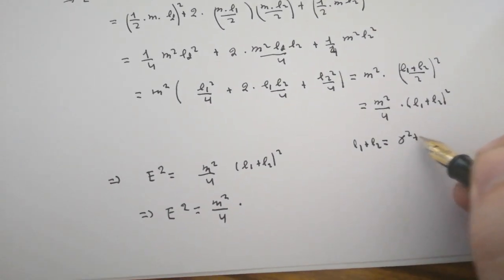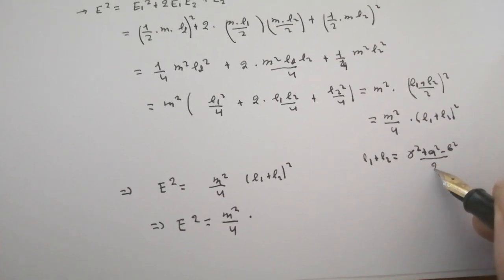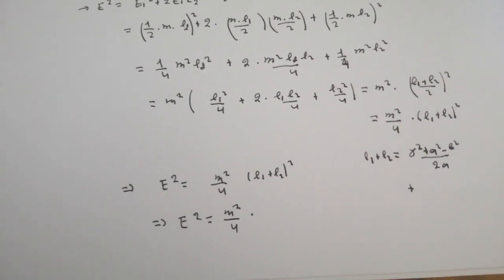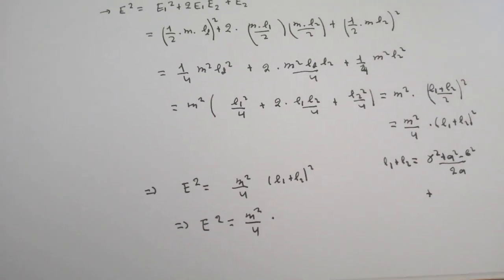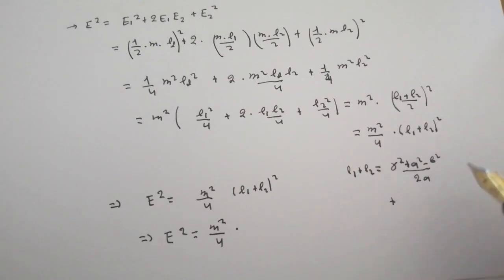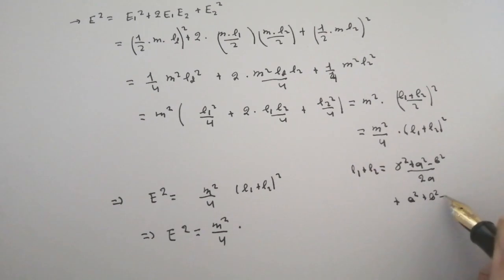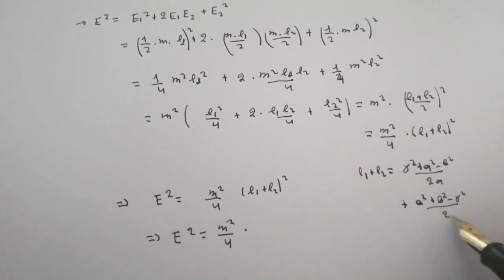Gamma squared plus a squared minus b squared over 2a, plus the L2, a squared plus beta squared minus gamma squared over 2a.